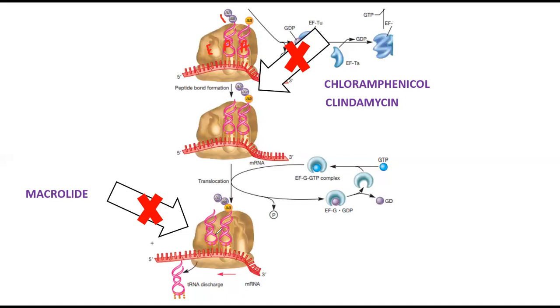The macrolide has blocked the removal of the empty tRNA. So this whole reaction will be halted, and no elongation and no protein synthesis will be performed. So this is the simple function of the macrolide. Hope you have understood the function of the macrolide.